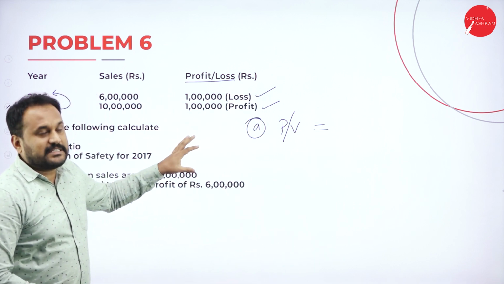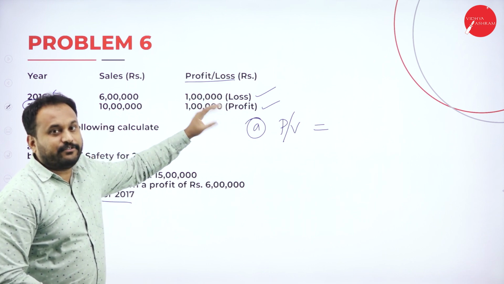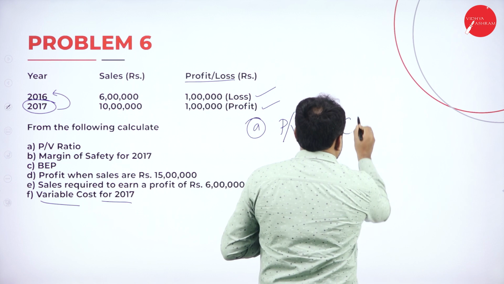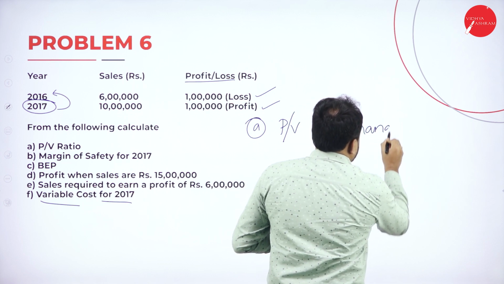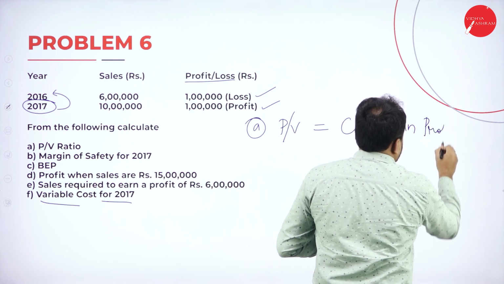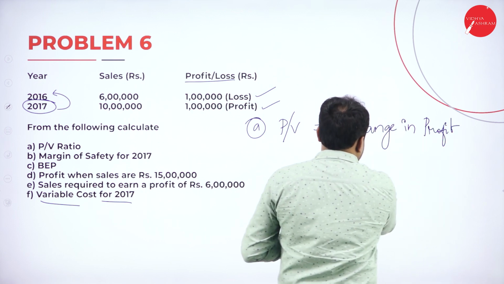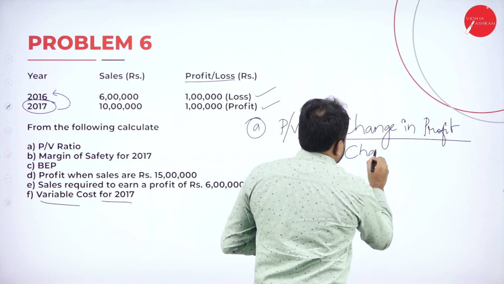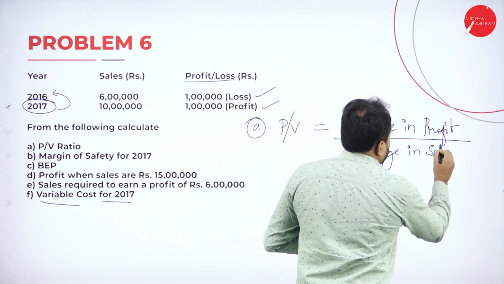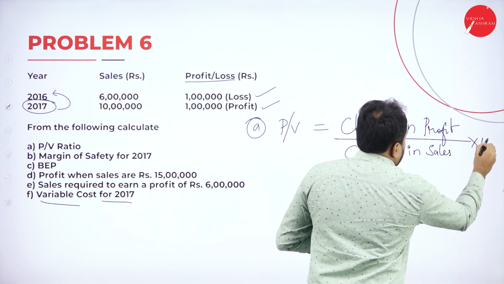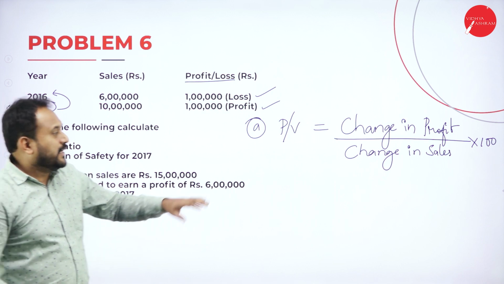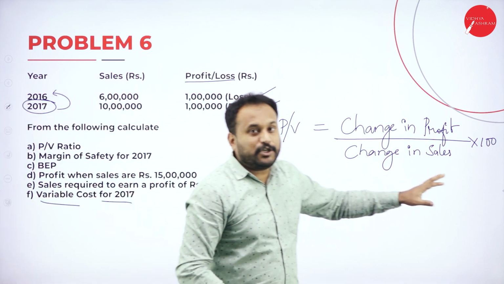When 2 years' sales and 2 years' profit or loss are given, the formula remains the same, that is change in profit divided by change in sales into 100.